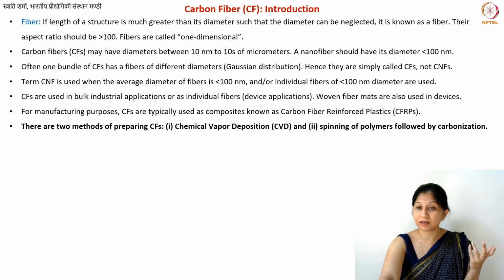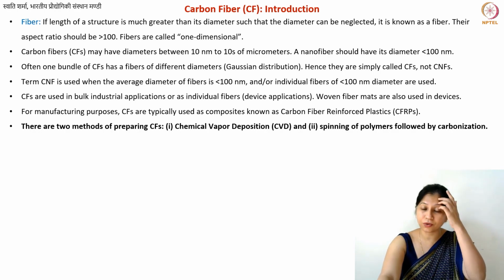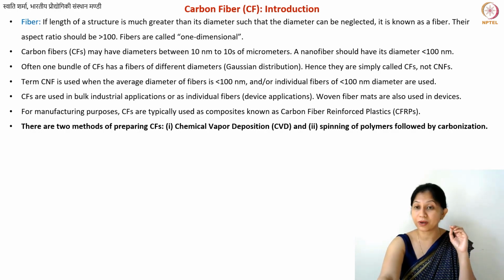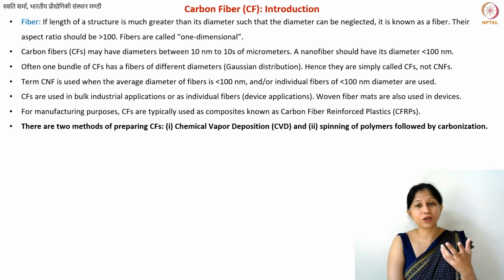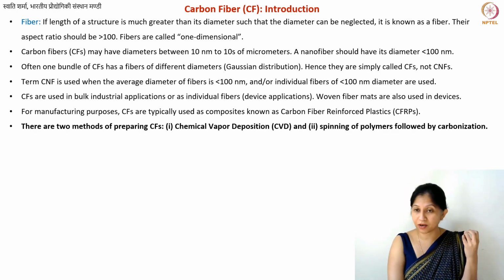Do you want good stiffness in your fibers, or is what is more important for you the surface area or the flexibility? Depending upon that, you can tune the manufacturing parameters. You can tune the heat treatment temperature and the heat treatment environment. And of course, you can also tune the diameters of your fibers by changing the viscosity of your polymer. These are the things we are going to discuss.